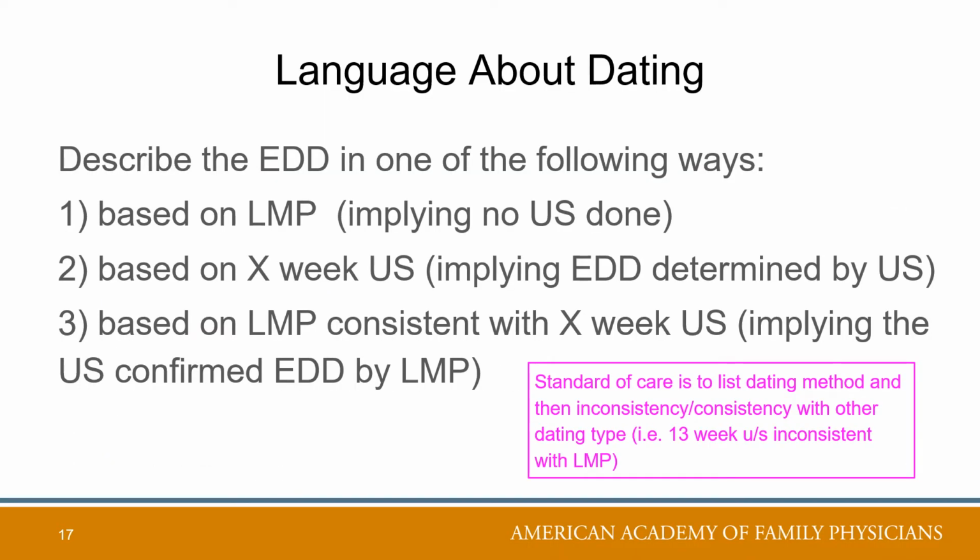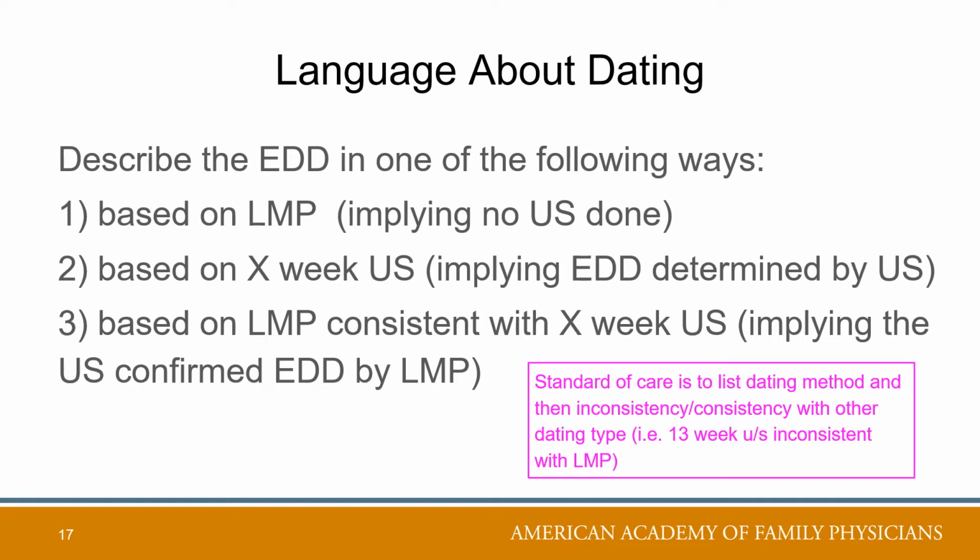In terms of thinking about the language around dating, we want to think about the estimated due date in one of the following ways. If somebody says that the estimated due date is based on the LMP alone, that implies that no ultrasound was done. If the estimated due date is based upon X number of weeks gestation via ultrasound, then the estimated due date is determined by the ultrasound.